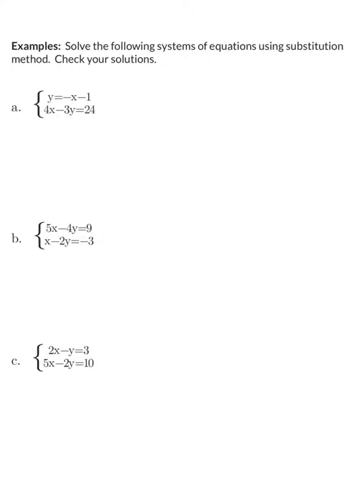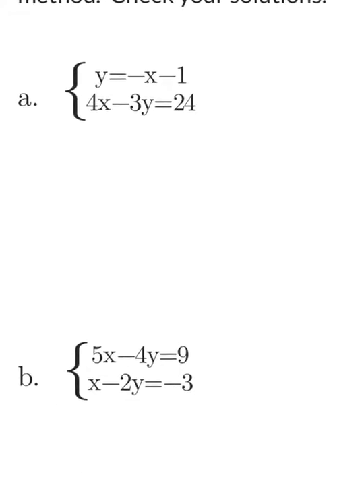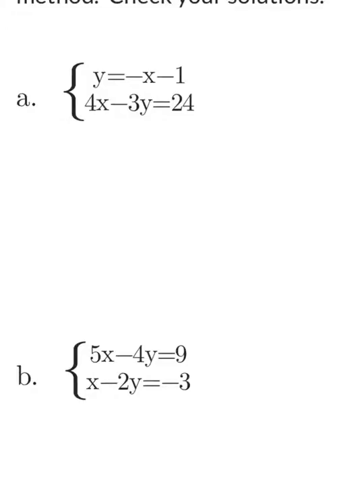So we have example A, y equals negative x minus 1, and 4x minus 3y equals 24. In this particular problem, we don't have to worry about solving for an indicated variable. We already have y equals something, which means that I'm going to take this expression, negative x minus 1, and replace y in my other equation.